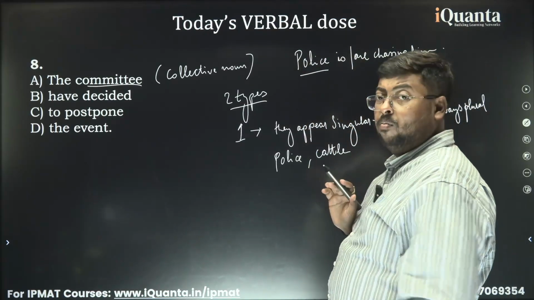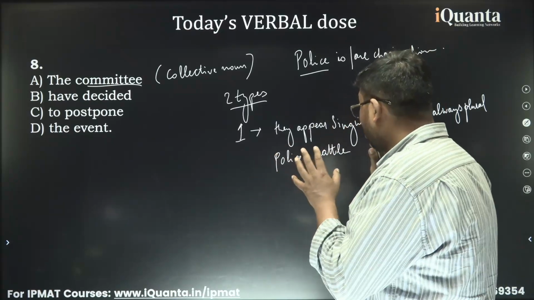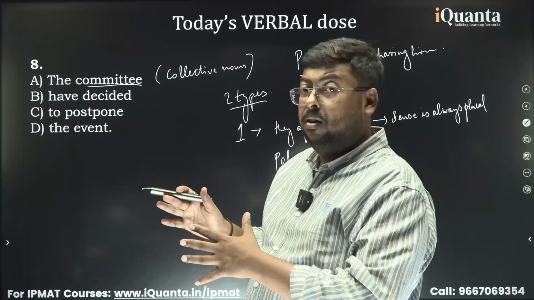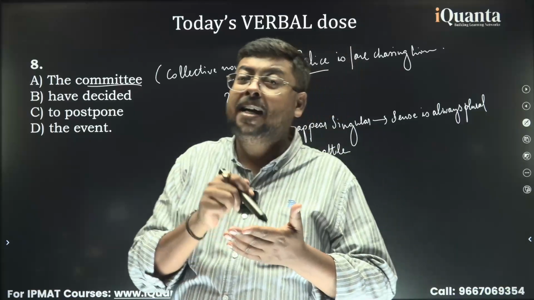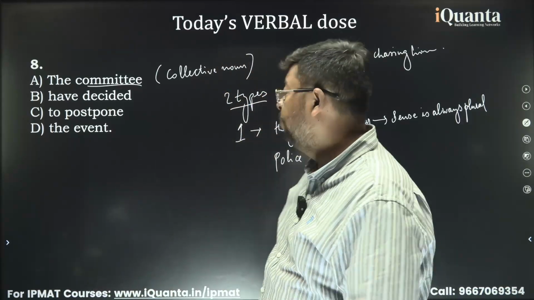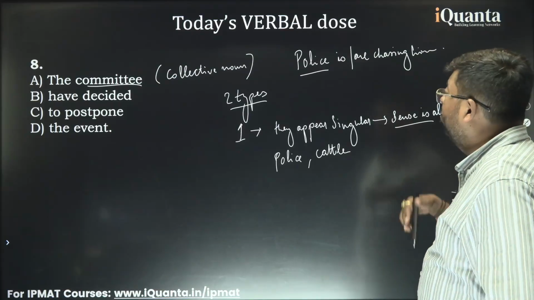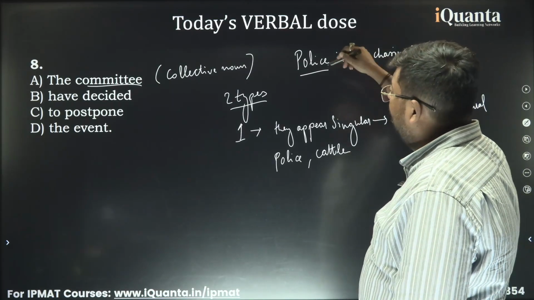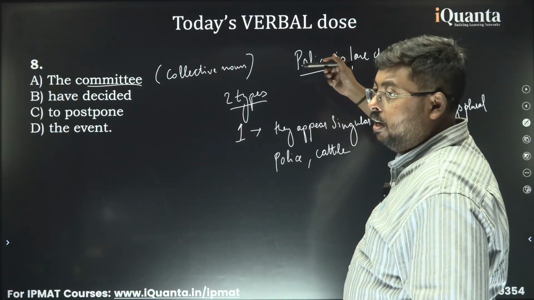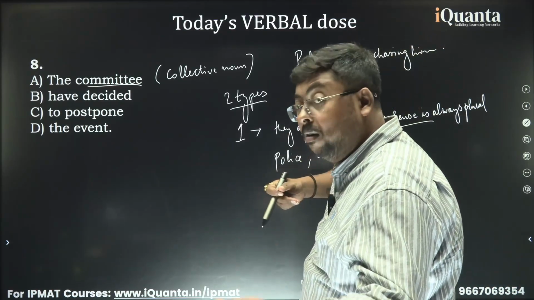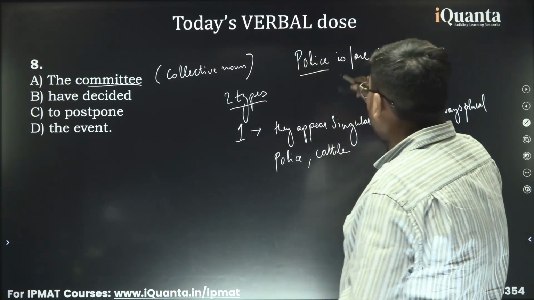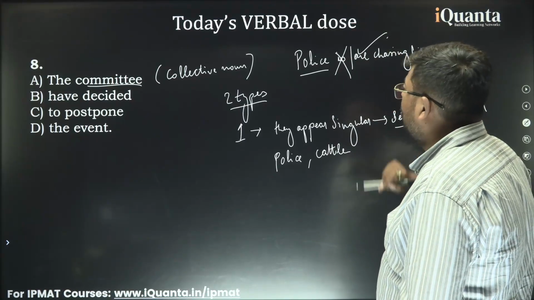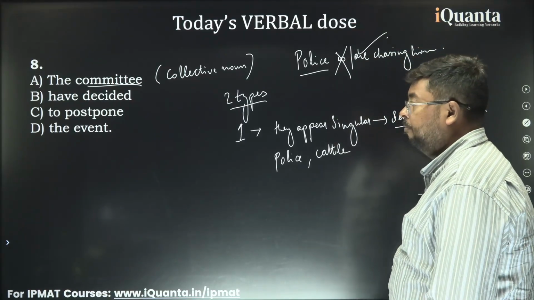Police is written. What did I say? It's a collective noun. It appears singular. Appears singular means I cannot write polices. I cannot add s in police, right? But its sense. What is the sense? How do I see police? It might look singular, but it is plural. Therefore, I cannot use is, we have to use are. Police are chasing him. Understood?